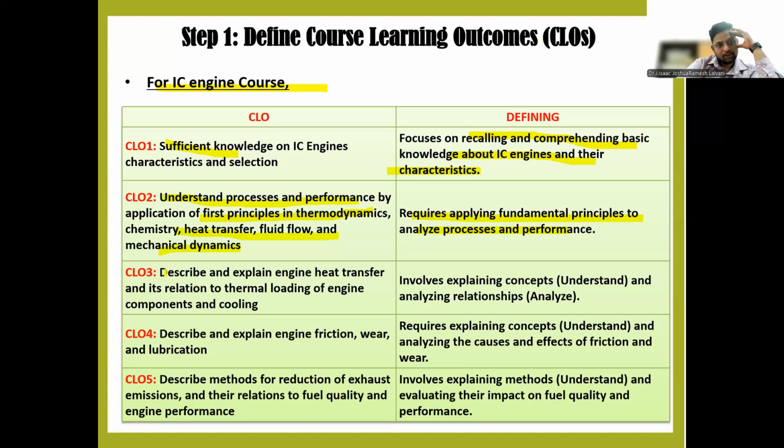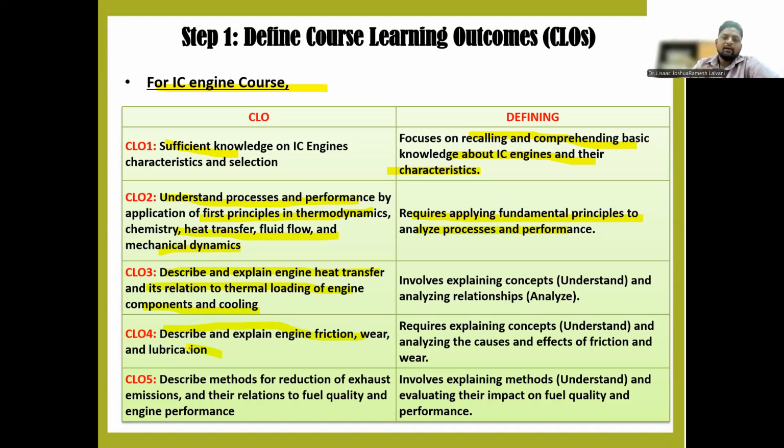If you see course learning outcome 3, describe and explain engine heat transfer and its relation to the thermal loading of engine components and cooling. It involves explaining concepts, and it needs understanding and analyzing the relationship. And CLO 4, describe and explain engine friction, wear and lubrication.